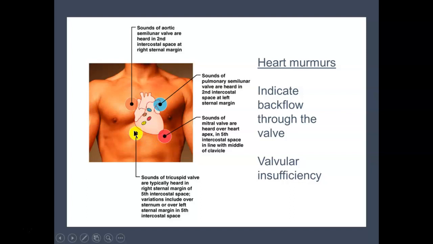Here on the right side, of course, in correct anatomical position at the fifth intercostal space, you hear the tricuspid valve best, and on the left side here, you hear the bicuspid valve or the mitral valve best. And when you do hear those murmurs, that can indicate that you've got backflow. So rather than those valves closing properly, they're allowing blood to flow back through instead of closing off.